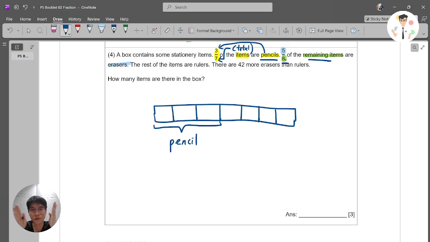Again, the same concept here that you must know. I know this is referring to the remaining, and this 8 is also the remaining, but these two are different. If they are not the same, you are supposed to make them the same by looking for the LCM. So 4, how to make it 8? We cut into half.